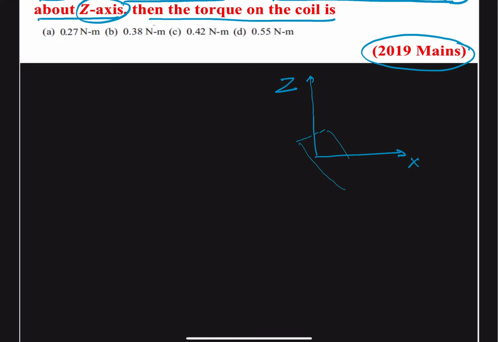This is our coil, and the angle is 45 degree. And the magnetic field is along the x-axis.